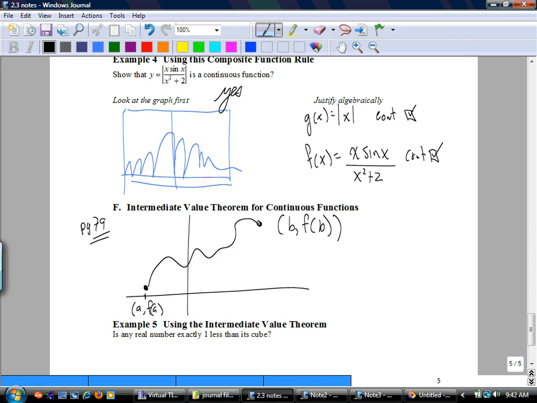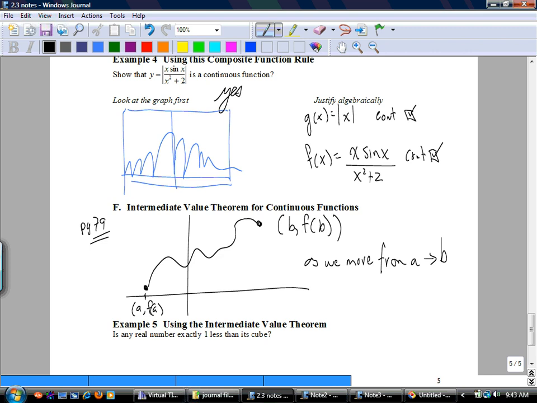Okay, what the intermediate value theorem says, and this is one of those blatantly obvious moments, is that as we move from A to B, the function will take on every single value between f of A and f of B. It's one of those, right?